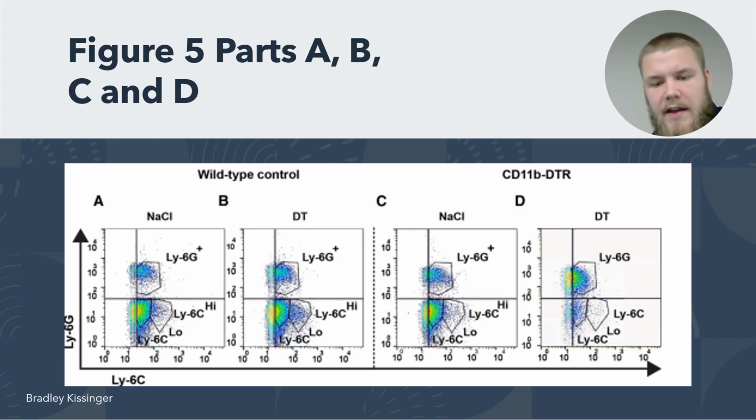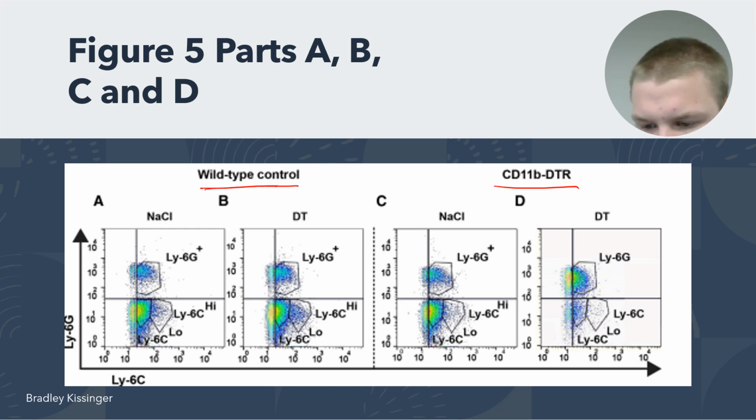All right, so figure 5, parts A, B, C, and D, we're going to be looking at the wild type controls, which is just a regular old mouse, and then the CD11B, which is a mouse that has been genetically modified with this diphtheria toxin receptor.